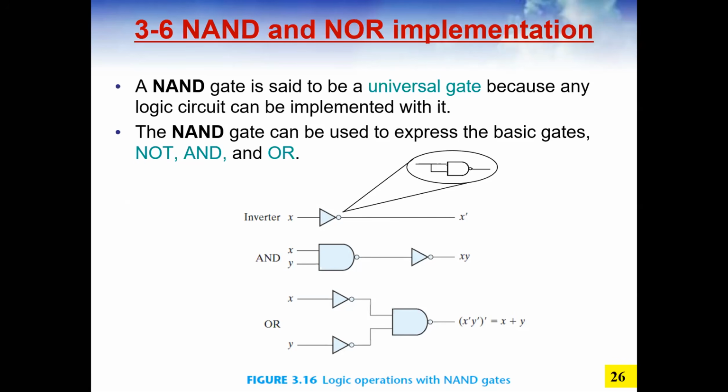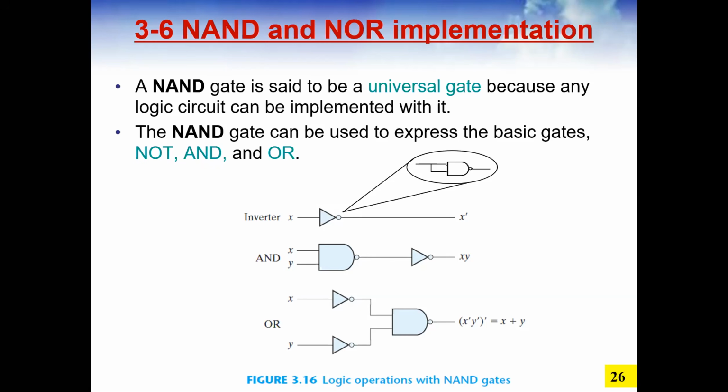Any logic circuit means if I give you a NAND gate and a NOR gate, you don't need any other gate. You can implement any function with that. That is basically the important aspect of the NAND and NOR gates.